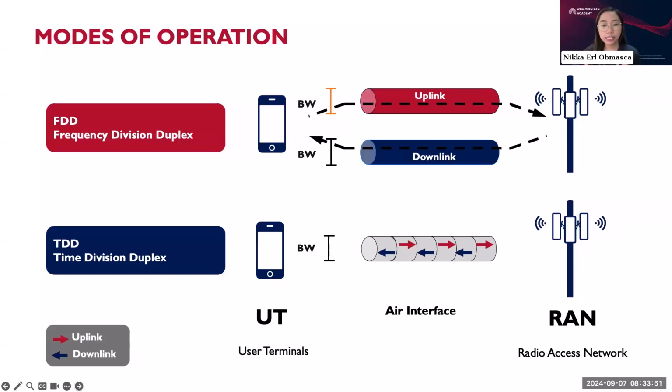Kapag TDD, the same frequency, but at different times. So TDD uses the same frequency for uplink and downlink, but separates them in time. So transmission alternates between two directions in specific time slots. So magkaiba sila ng time. Kapag FDD, they are simultaneous.